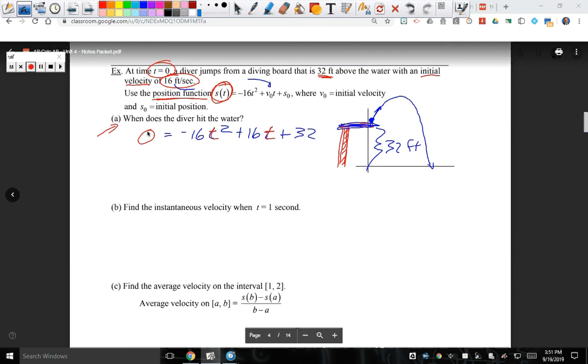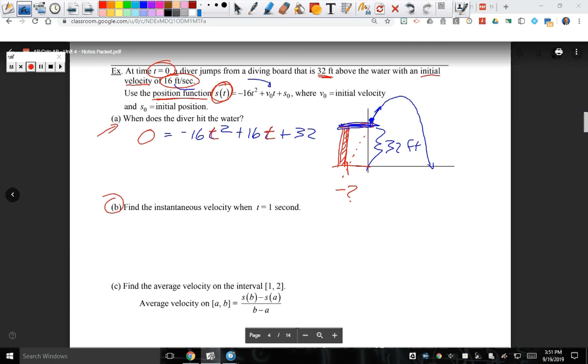And this is where the extraneous solution comes into play, because there would be a negative time that it could be 0, but that diver's not falling backwards. Okay? I hope not. So setting this equal to 0, that t will tell us. We just have to pick the extraneous one. We're going to do that with the calculator here in just a bit.